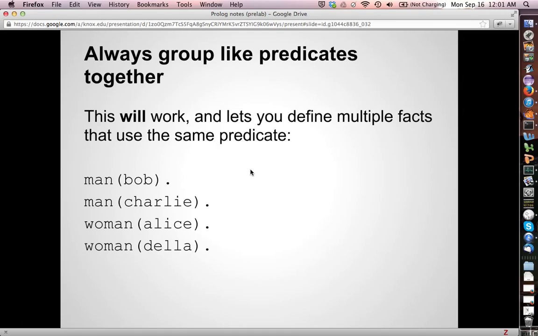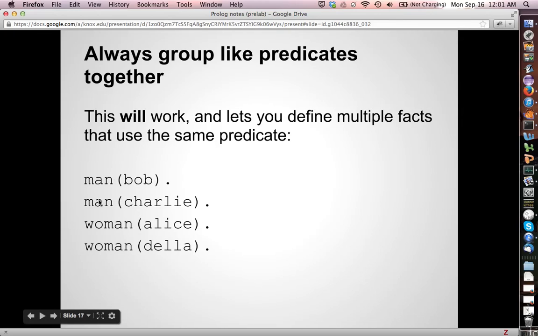Another thing is, you may have multiple facts. You may have multiple men, multiple women, Alice, Bob, Charlie, and Della. And if you want to do that, you have to group all the like predicates together. Because, believe it or not, having these on separate lines, implicitly they're all joined by ors.